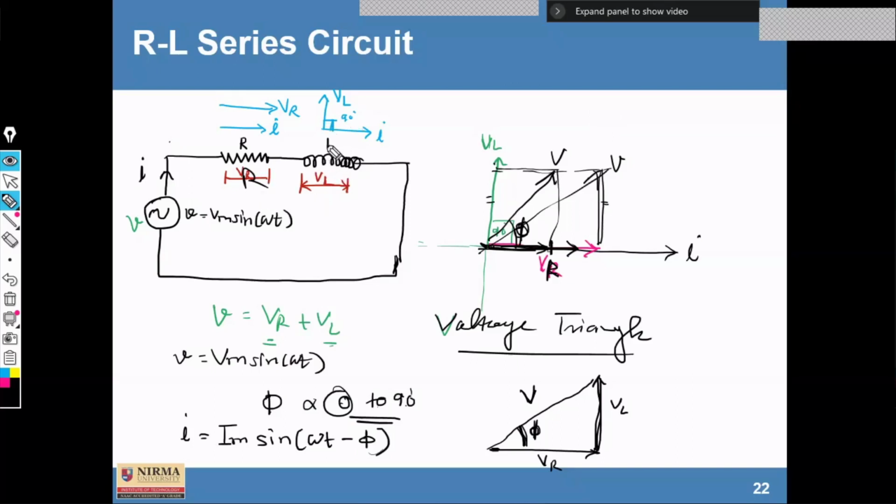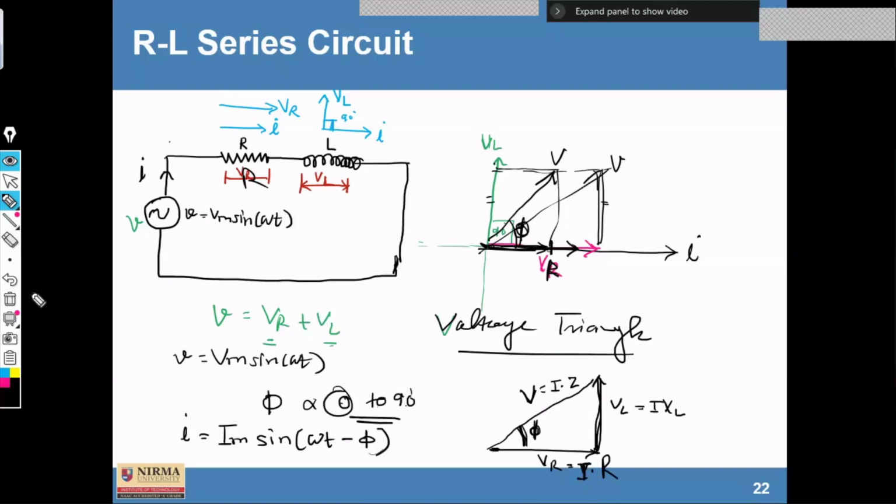So here we can write an expression of V, that is I into Z, where VL is equal to I into XL and VR is equal to I into R.